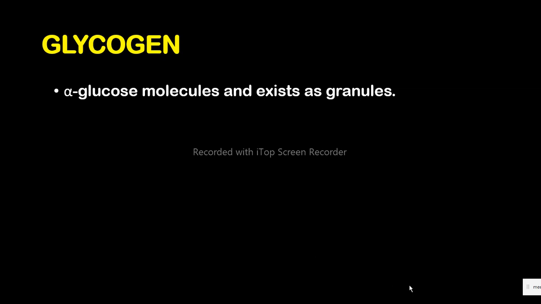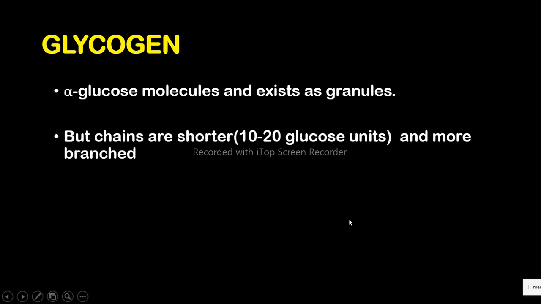However, unlike starch, glycogen has branched chains, and the branching occurs at the 1,6 glycosidic bond, between carbon 1 of one alpha glucose molecule and the 6th carbon atom of another glucose molecule. And so the bond formed is an alpha 1,6 glycosidic bond.